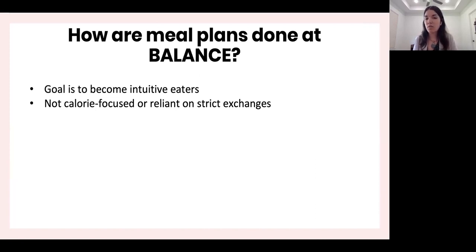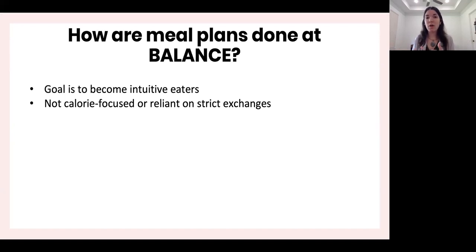But we see that often when clients are following strict exchanges, as their treatment finishes, they are still so focused on those exchanges, or on following a certain amount of calories, and it almost becomes another diet. So we really try to stay away from numbers and make it a little more intuitive, because as I mentioned, the ultimate goal is to become intuitive eaters.